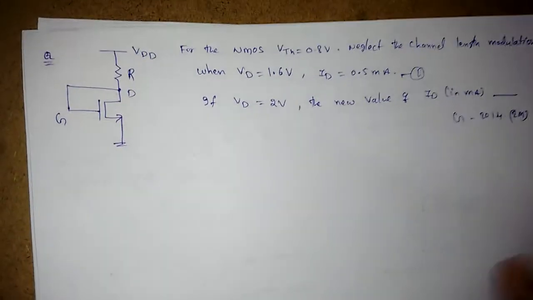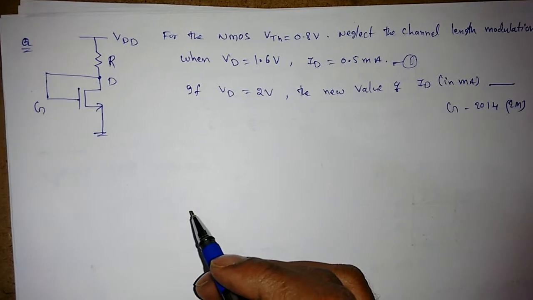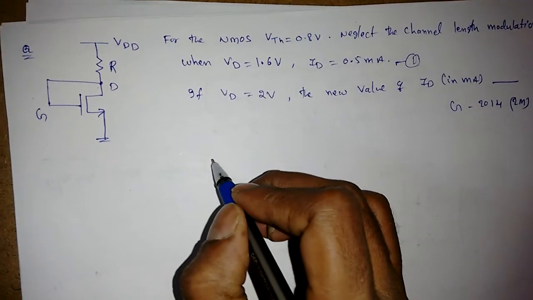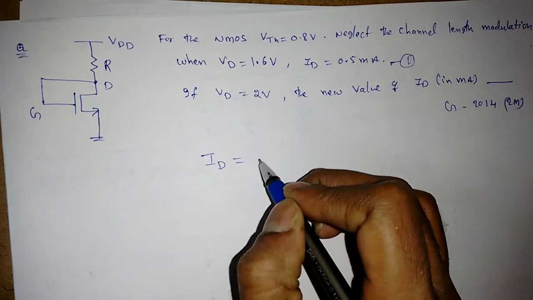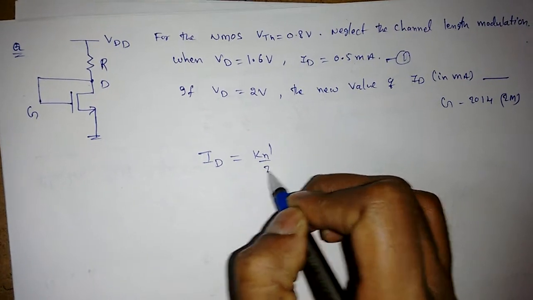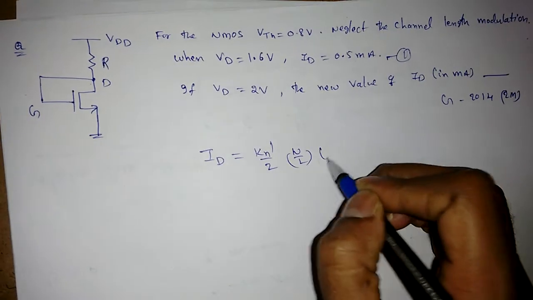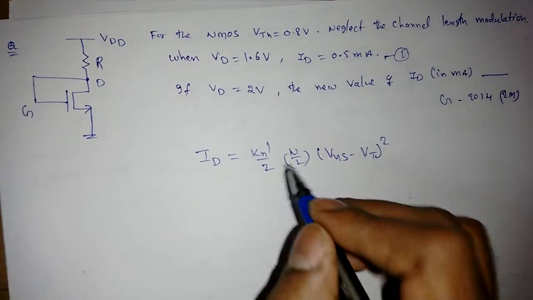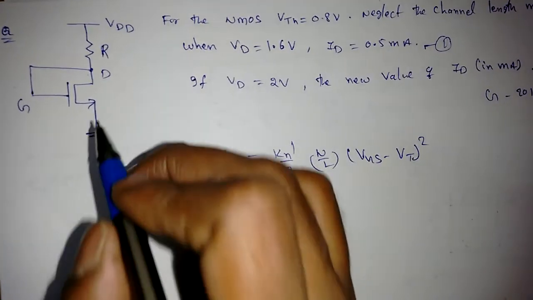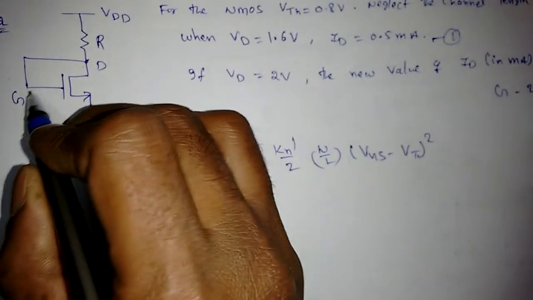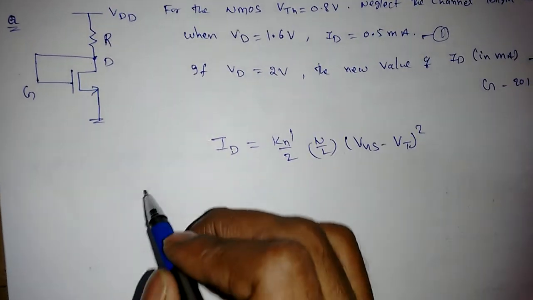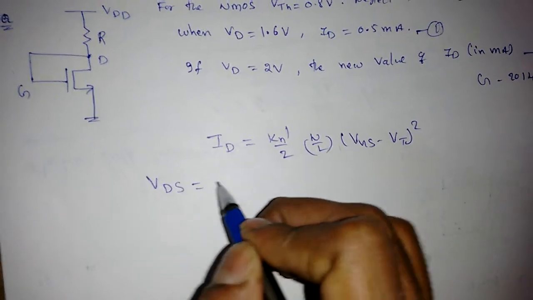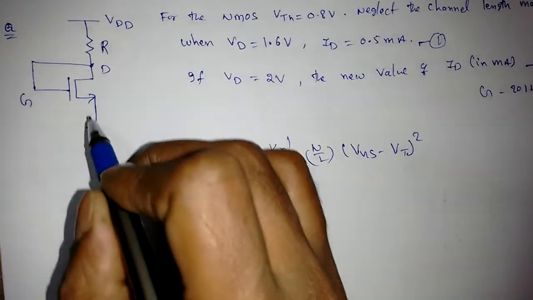So how to do this type of problem is, using the current expression, which is Kn dash by 2 W by L (VGS minus VT) whole square. The reason why I have taken this expression is, if you see the circuit, drain and gate are short circuited. That means VDS is equal to VGS because source is grounded.